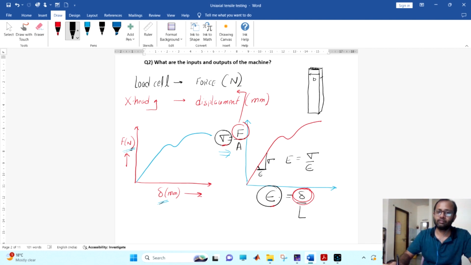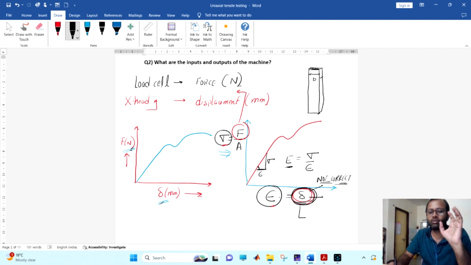If this displacement is wrong or has any other value, the modulus of elasticity will be different. So we should be sure that this delta is correct. My question is: is it correct? It is not correct if we are using the crosshead displacement.